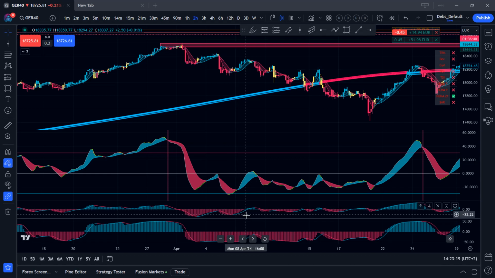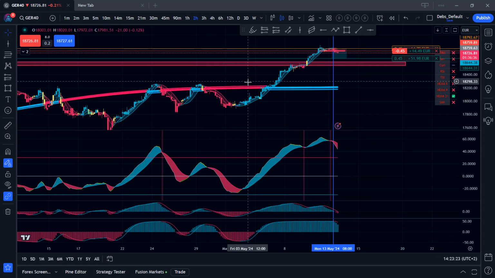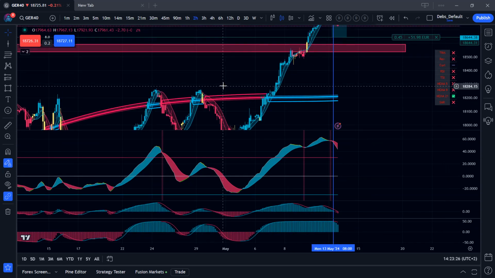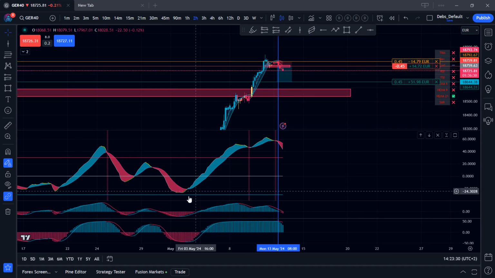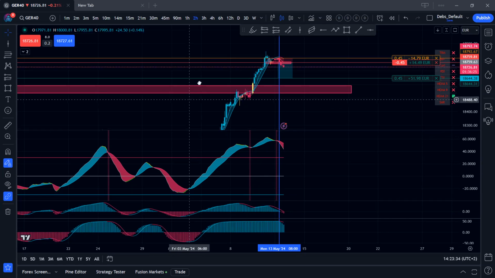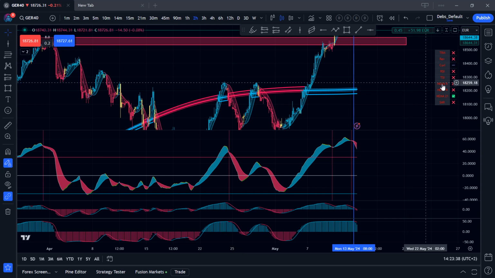So you can use these to see reversals. You can use these to see pullbacks on a lot of these, and so you can basically trade almost everything, right? Because when price reaches these areas, they have sort of reached a point of interest, right?